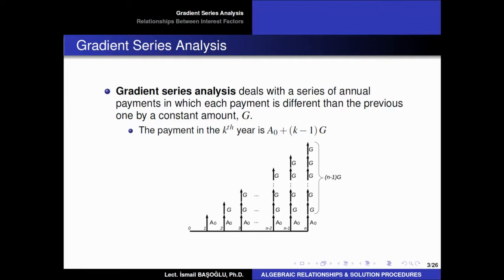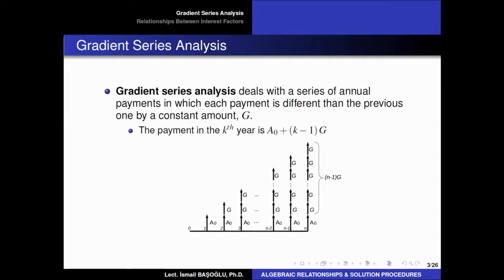So why do we study such a gradient series in engineering economics? Because this is much more practical. Because of inflation effects, instead of taking constant payments, people would be interested in increasing size of payments in each subsequent year, right?